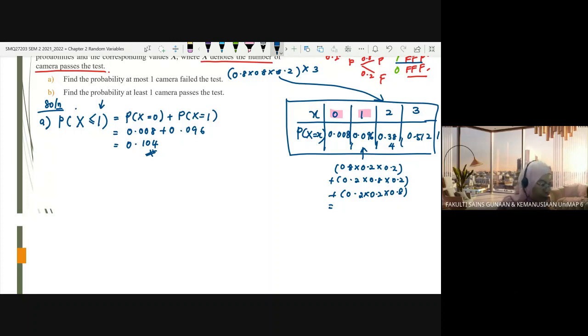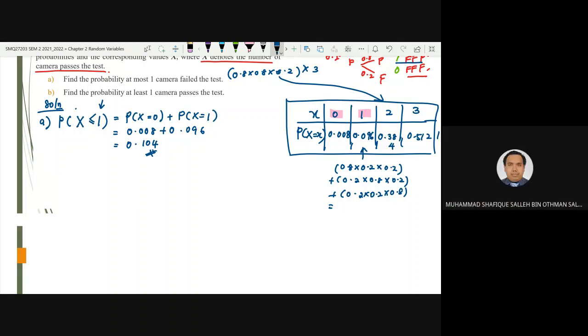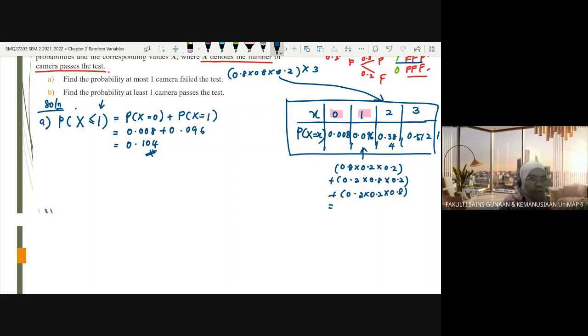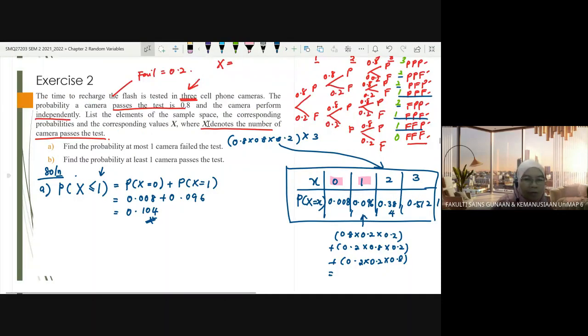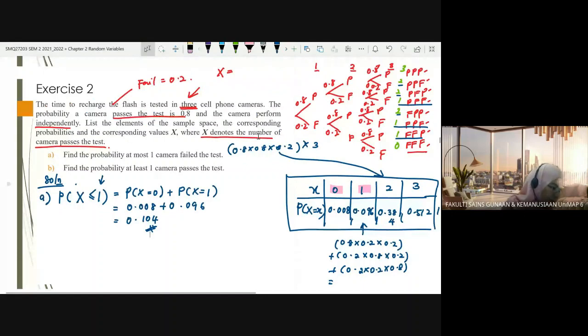Okay. Now, look at the probability value. Is it too small or is it large? 0.104. Small. Too small. So what is the tendency that at most one camera will fail the test? Oh, sorry, class, here it said fail.